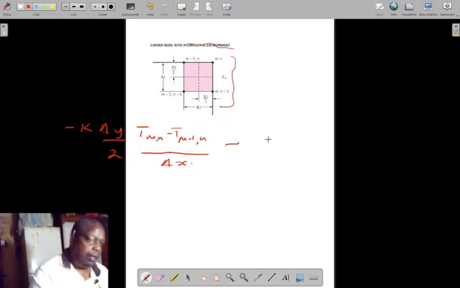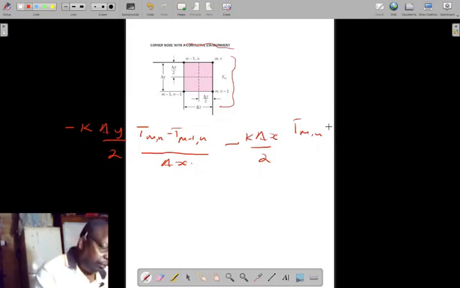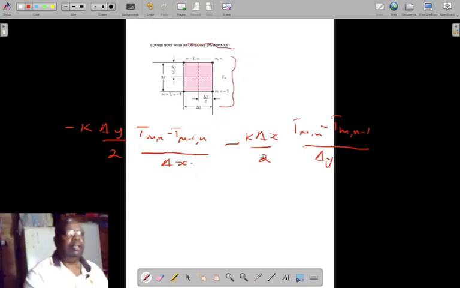And then we have minus k delta x over 2 (Tmn minus Tm comma n minus 1) divided by delta y. Okay, that is for this node now here.